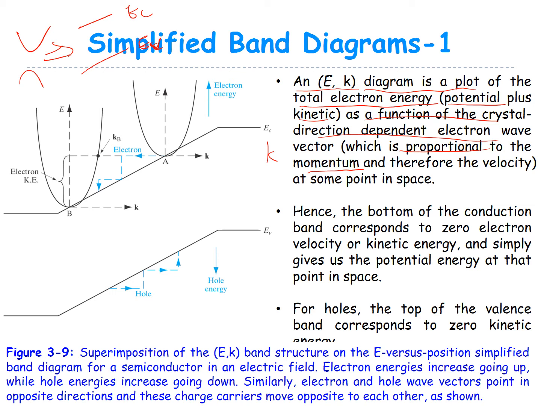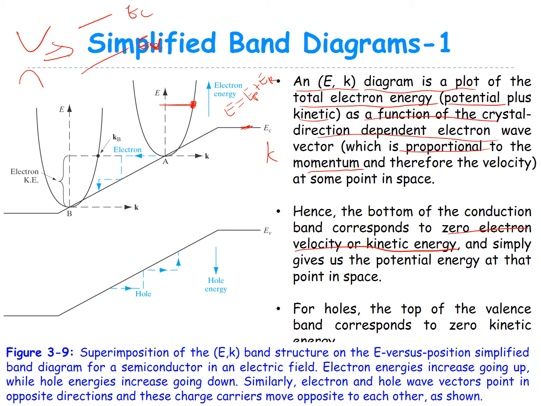So if we have an electron here, what it means is that the total energy of the electron is equal to potential energy plus kinetic energy. And the bottom of the conduction band corresponds to 0 electron velocity or kinetic energy, and simply gives the potential energy.